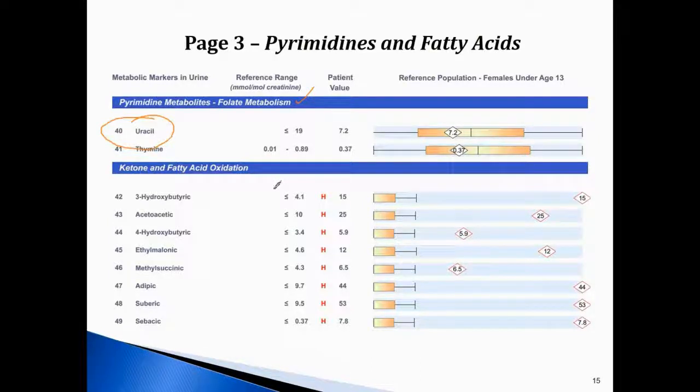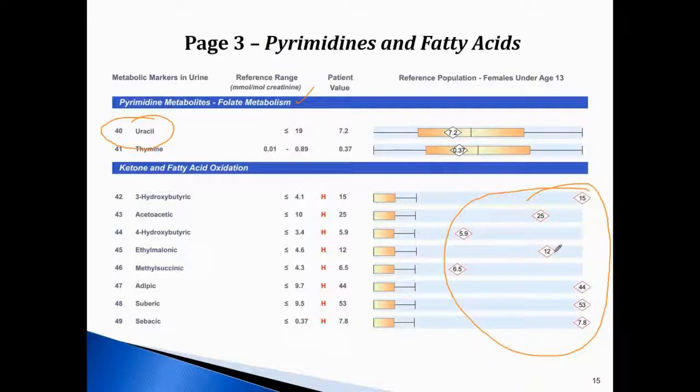What isn't uncommon, I should say, is seeing abnormalities in the fatty acid and ketone section. You notice in this particular scenario, every marker is elevated, but they're not extremely high. We're not looking at levels in the hundreds or the thousands.